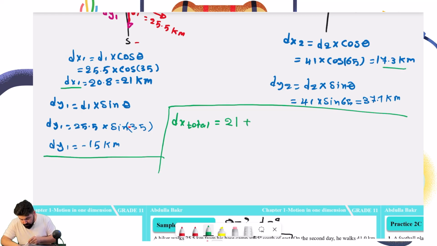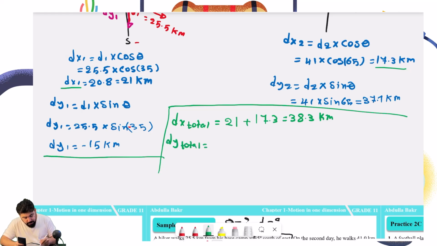Okay, dx2 is equal to 17.3. So 17.3 plus 21, I have 38.3 kilometers. Okay, this is dx total.